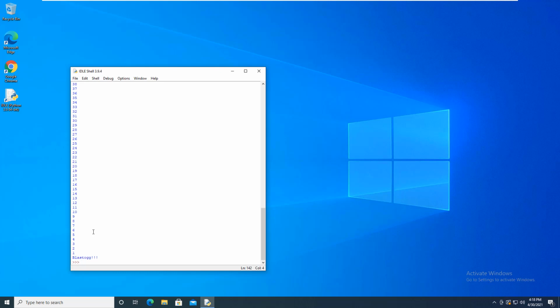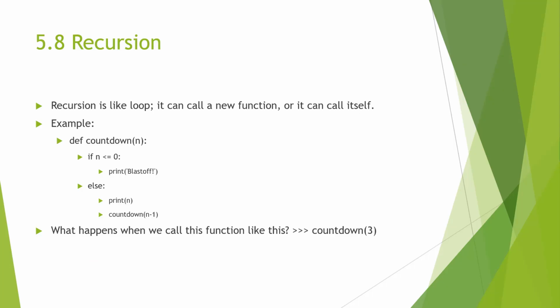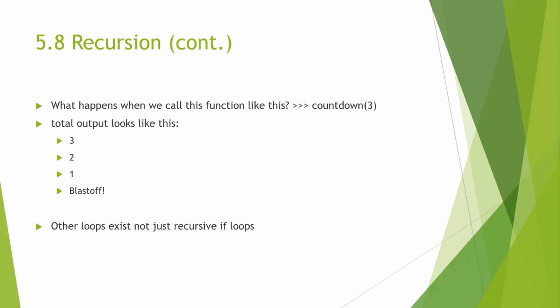That way we don't have these large numbers being put in here. It really just depends on, again, what are we trying to do and what is the process. So again, we've already seen that this is the function. We did a countdown of 3.